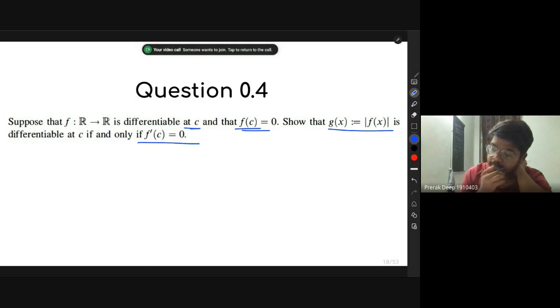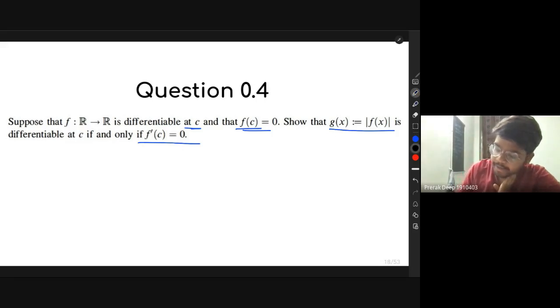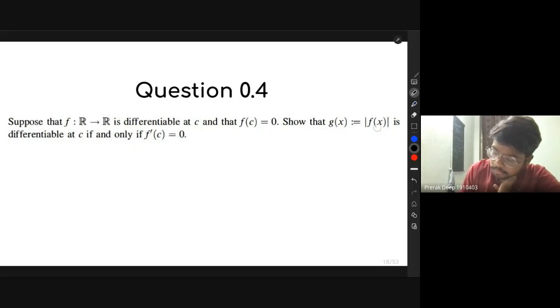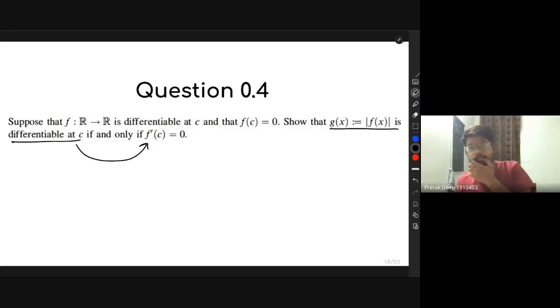Now in this question you need to say that this function is differentiable at c if and only if f prime of c is equal to 0. So it is an if and only if statement, which is like a biconditional. So we will assume that it is differentiable at c, and then we will prove that f prime of c is equal to 0.